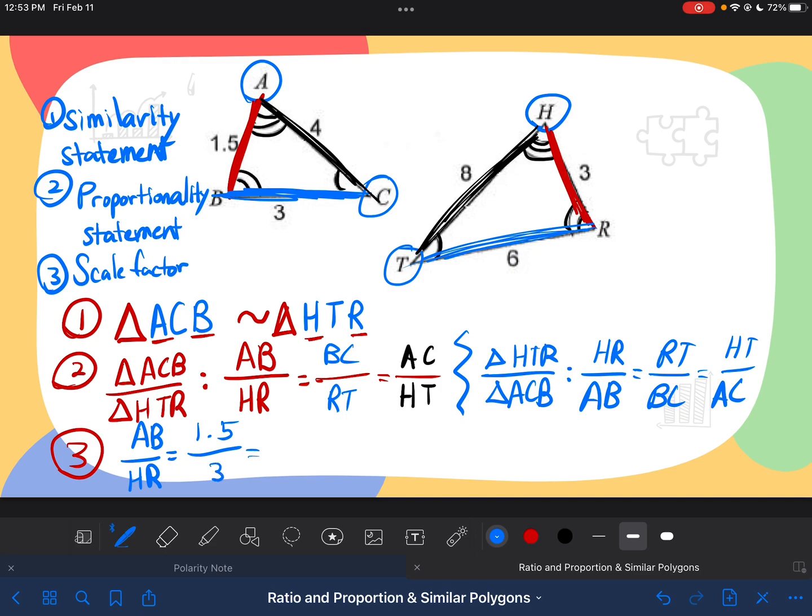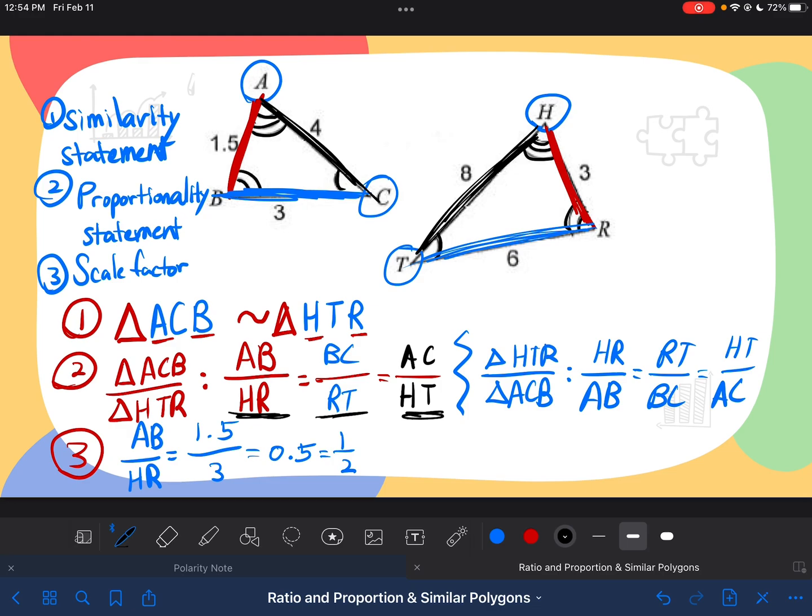Now what we're going to do is simplify and solve this out. So if you plug this into the calculator, you would get 0.5, okay, or 1/2. So if we did AB and HR, and if you go into BC and RT, that will also give you the solution of 1/2.